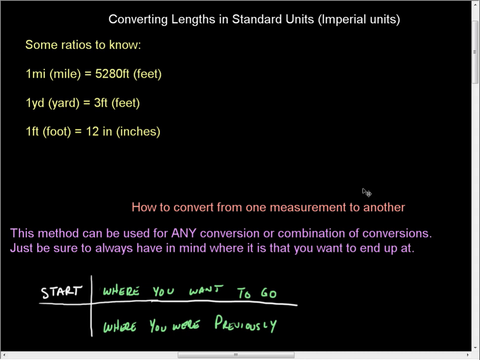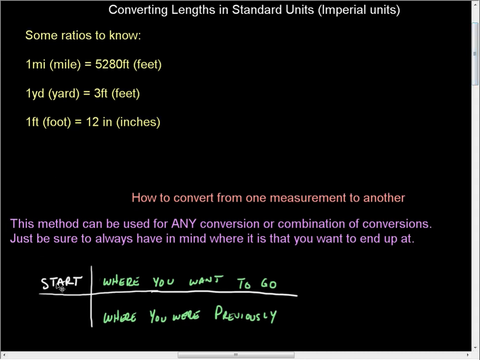Okay. Now, the good thing is, the method that I use to go from one unit to another really is independent of the conversion that's actually happening. So what we're simply going to do is have a starting point, and that starting point is always going to be on top. And then where you want to go from that starting point will always be on top.